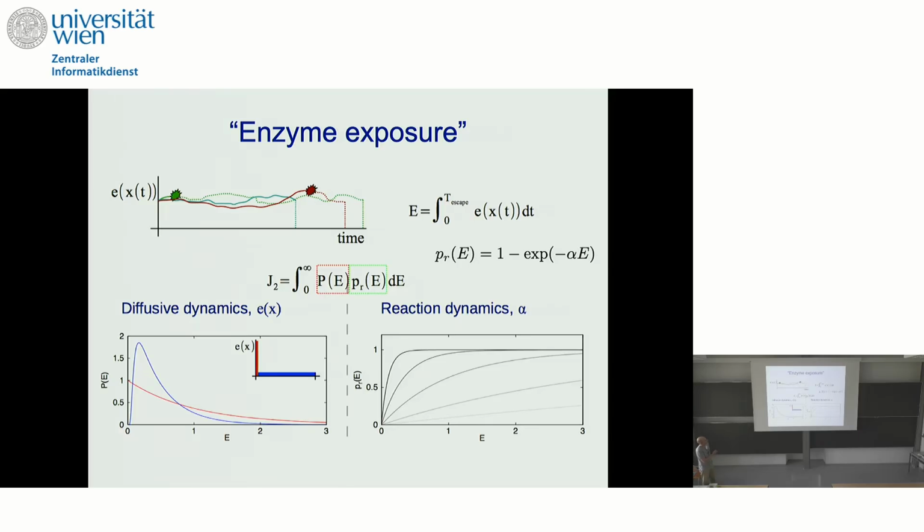So the probability of having reacted is one minus the probability of not having reacted. But then we have this probability distribution for what is the enzyme exposure, how often a certain enzyme exposure occurs. That depends on the arrangement of the enzymes, but it doesn't depend on the reaction rate.